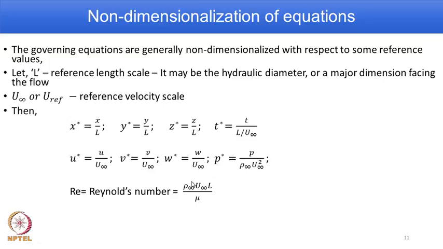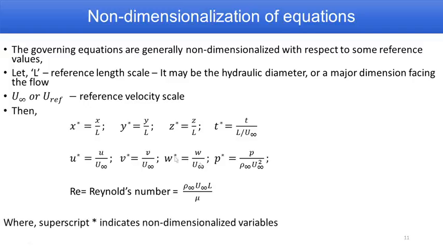Of course, you can define mu over rho infinity also as nu, and Reynolds number becomes u infinity L over nu. So, all the star quantities are non-dimensionalized variables. Now that we have done the first exercise, we can substitute these terms in the continuity equation to get a non-dimensionalized continuity equation.